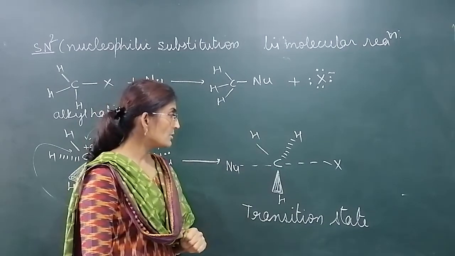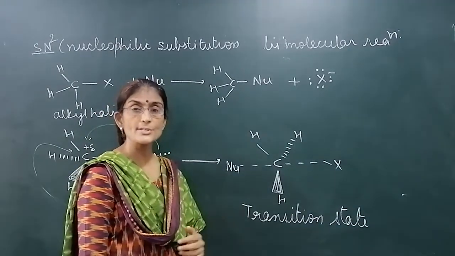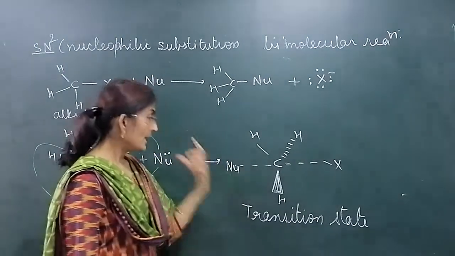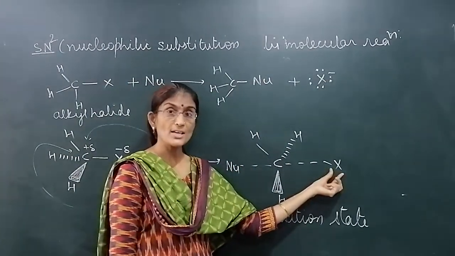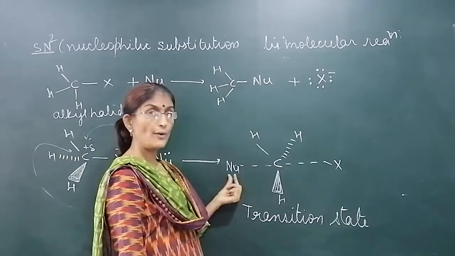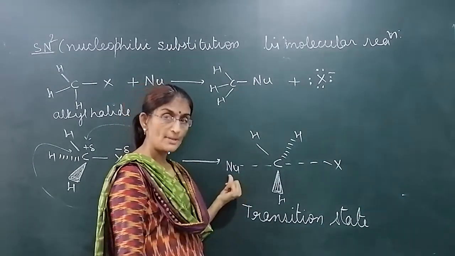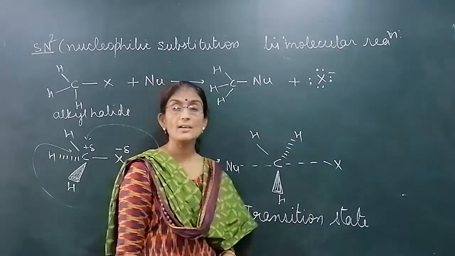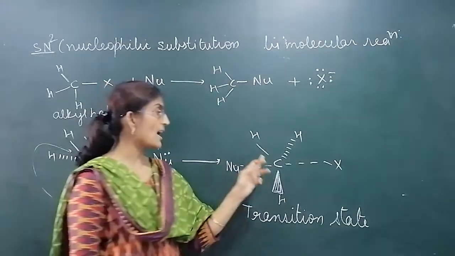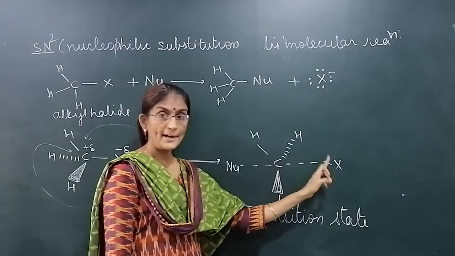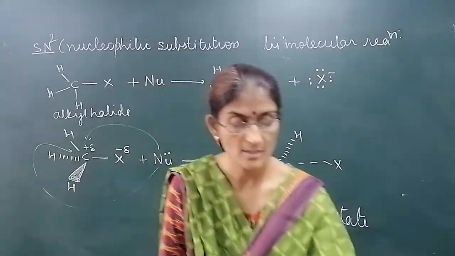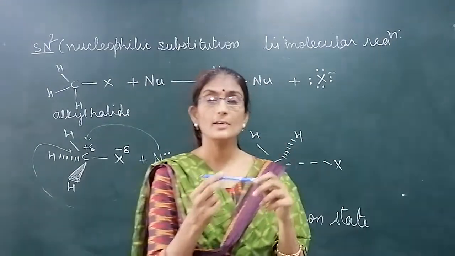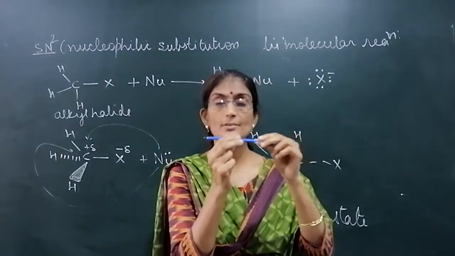But what is the characteristic of this transition state? In this transition state, the halogen that is already attached in alkyl halide and the nucleophile which is attached to the carbon afterwards are at the same distance from this carbon, halide ion and nucleophile. What happens? Suppose we have this alkyl halide and this is halogen attached to it.